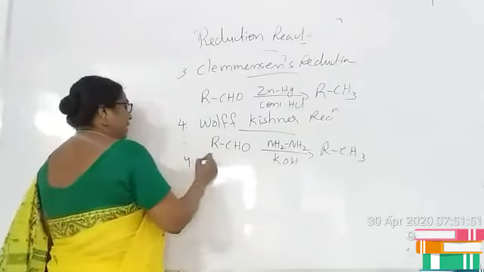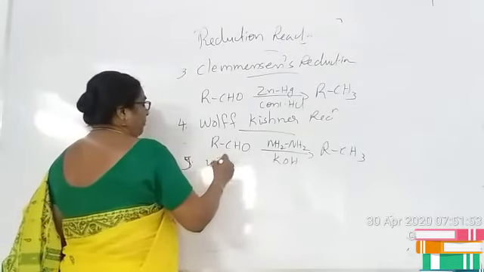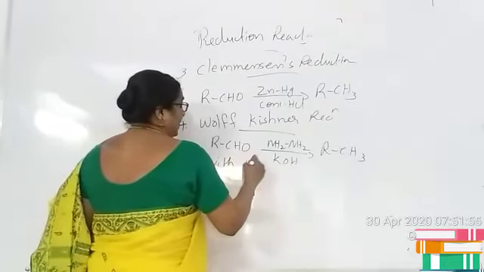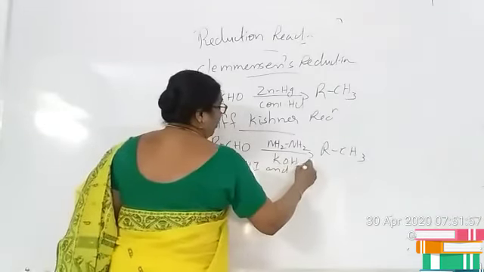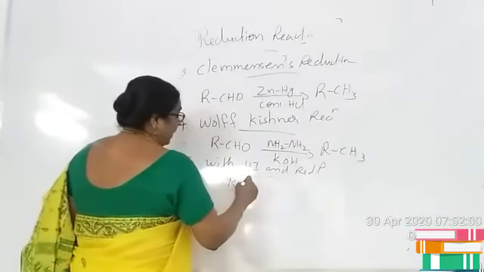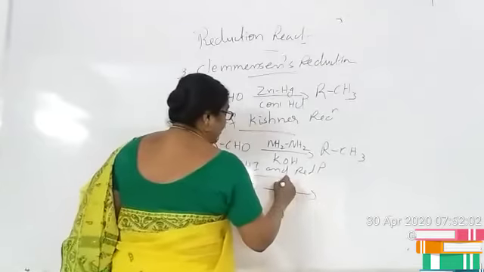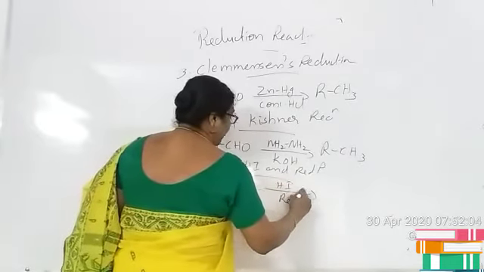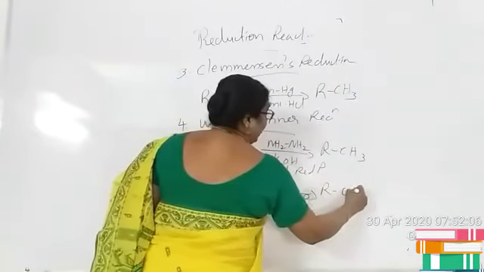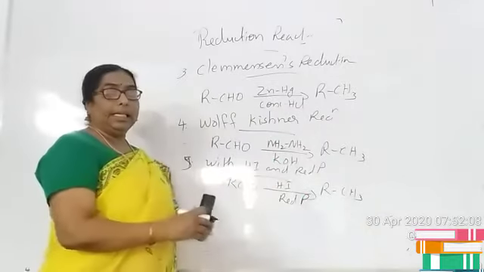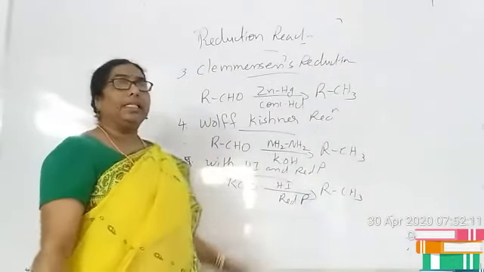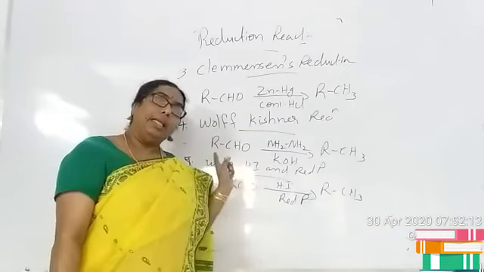The last reduction we can consider is with HI and red phosphorus. The aldehyde undergoes reduction in presence of HI and red phosphorus, and again you will get an alkane as the product. Is it clear? That is about the reduction reactions of aldehydes and ketones.